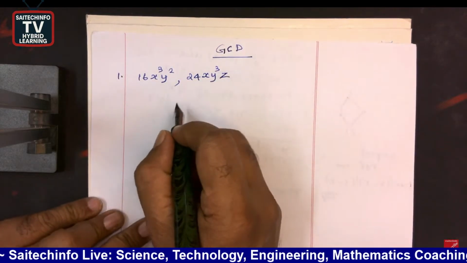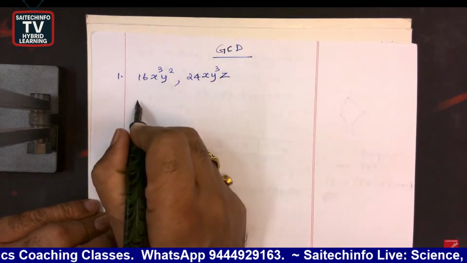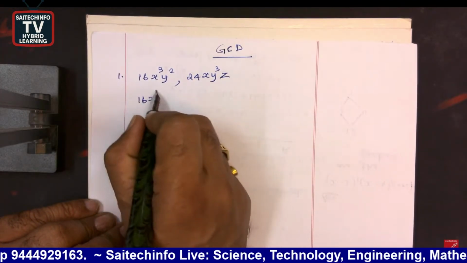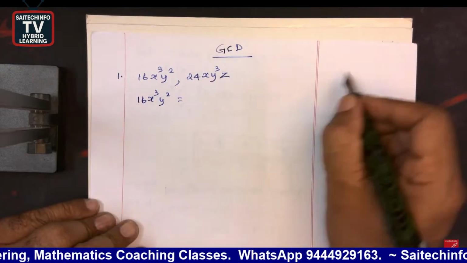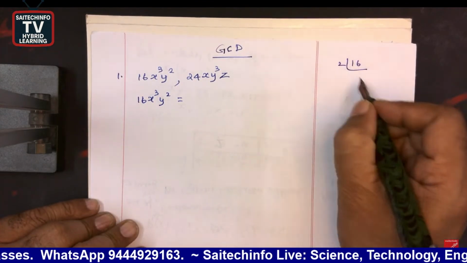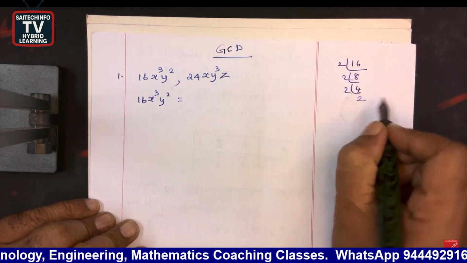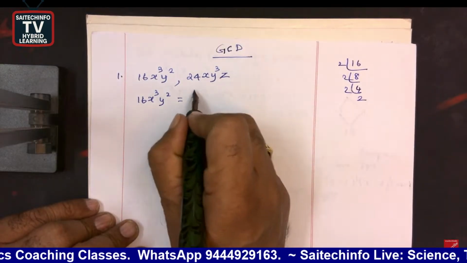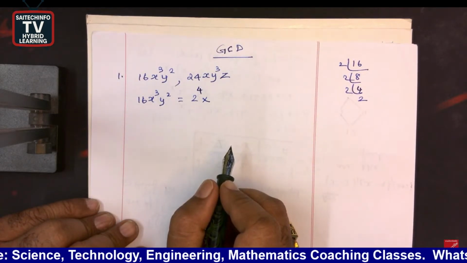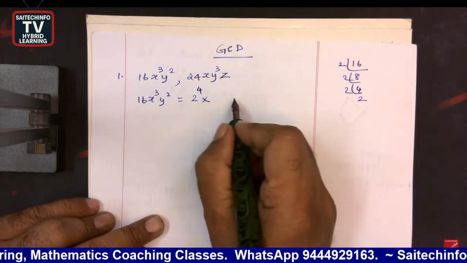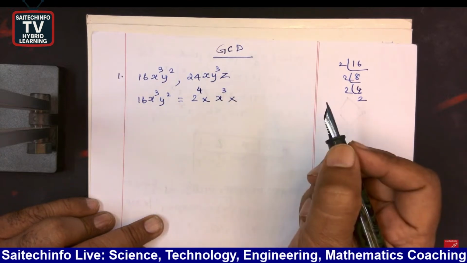So first, what you are supposed to do is factorize each term. 16x cube y squared as a prime factor. So 16 can be factorized as 8 2s are 16, 4 2s are 8, 2 2s are 4. It means 2 power 4, right? Into x cube, as such, and then y squared.